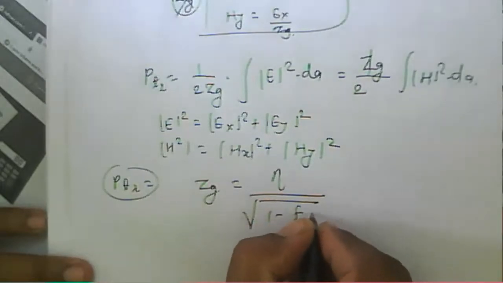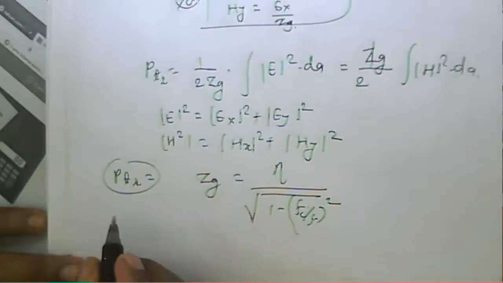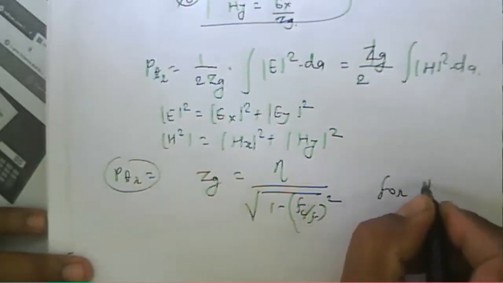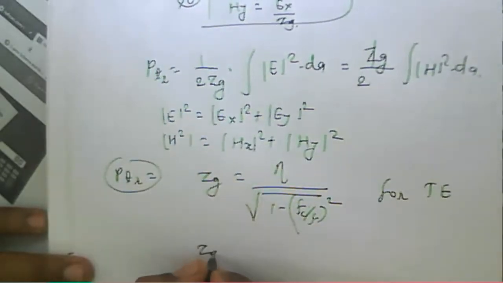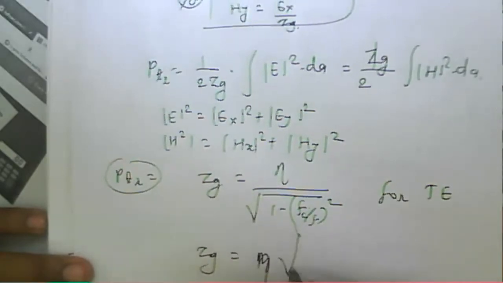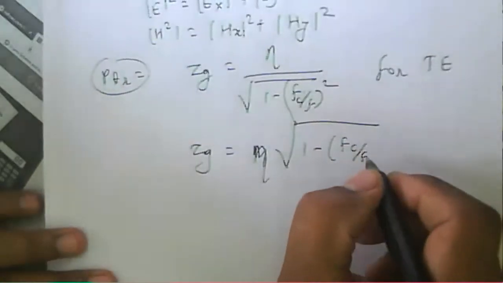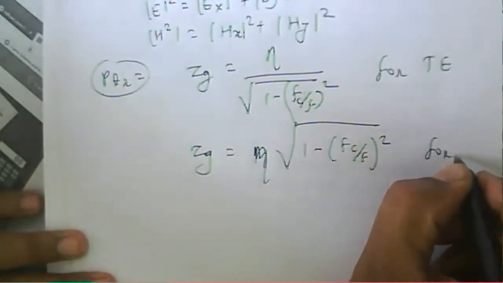For TE, Zg is equal to eta divided by the square root of 1 minus Fc by F whole square, where Fc is the cutoff frequency. And for TM, Zg is equal to eta into the square root of 1 minus Fc by F whole square.